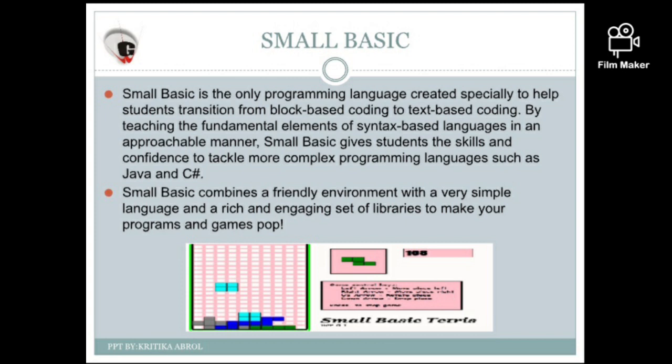A constant is a value that does not change during the program execution. These are of two types: numeric constants that consist of numbers ranging from positive numbers as well as negative numbers. They do not include any special character. The second type of constant is alphanumeric or string constant.